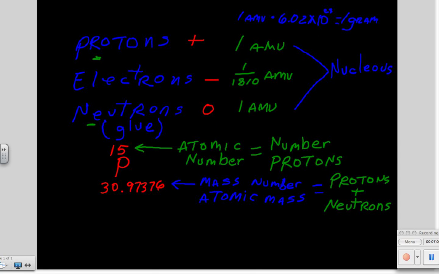So an isotope has a different number of neutrons.